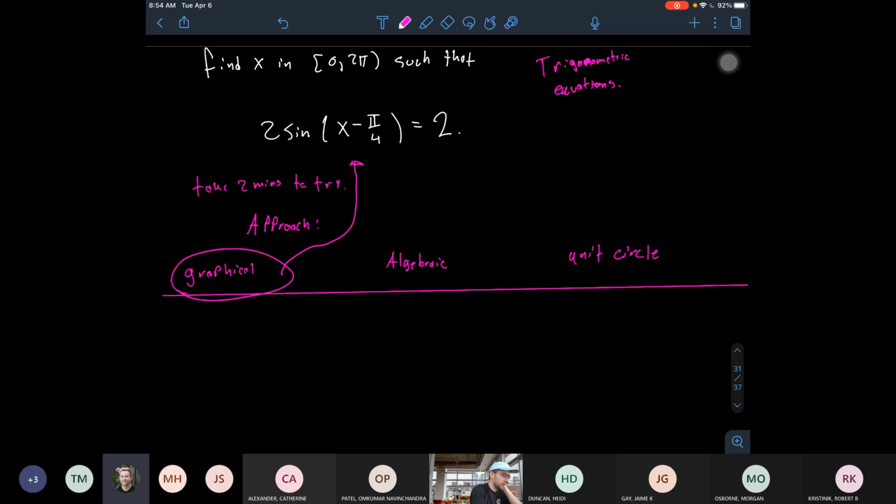There are a bunch of other topics which are implicit. For example, if you're going to take the graphical approach, then the approach is to consider this function as a transformation of sine of x, in which case you're also talking about transformations. But if you take the algebraic approach or the unit circle approach, then you're going to be talking about something else. Does that answer your question?